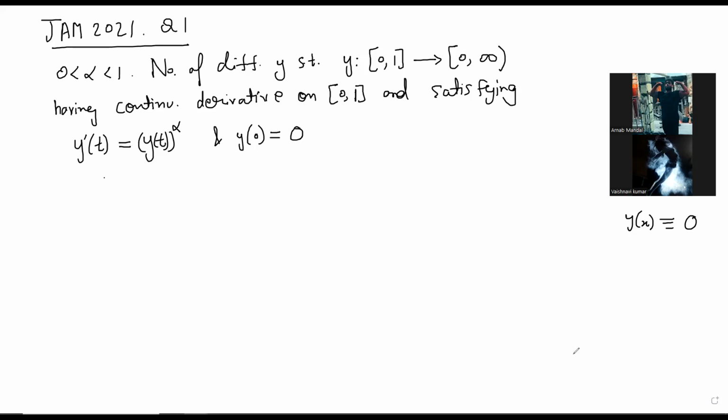Can you say the options once? The options are: exactly 1, exactly 2, finite but more than 2, or infinite.